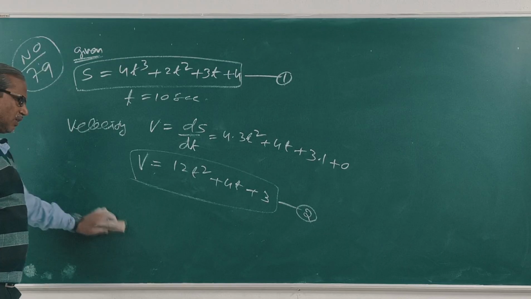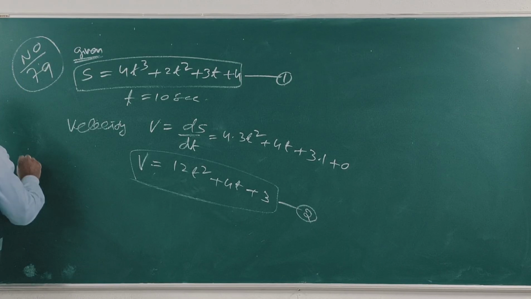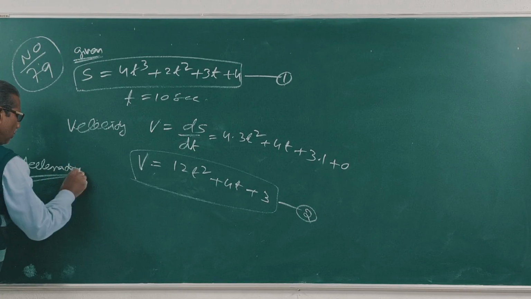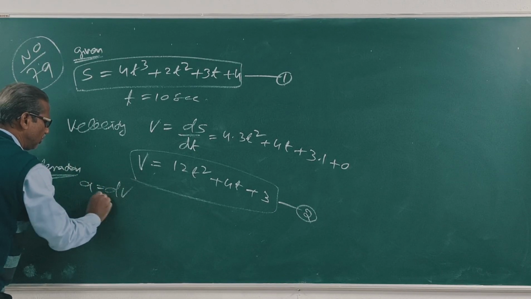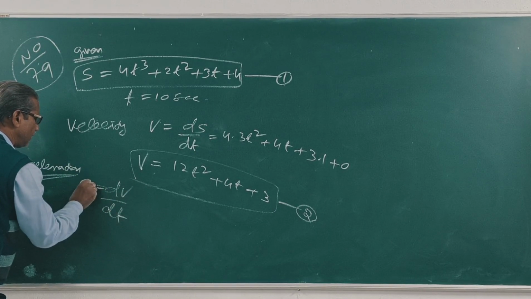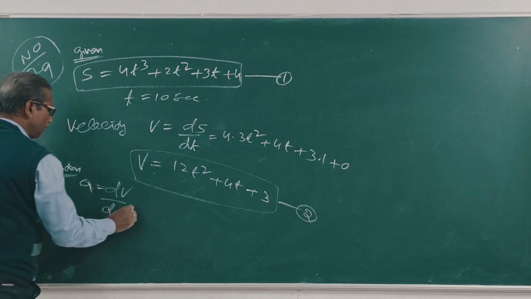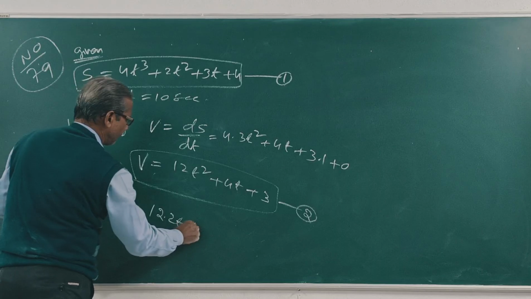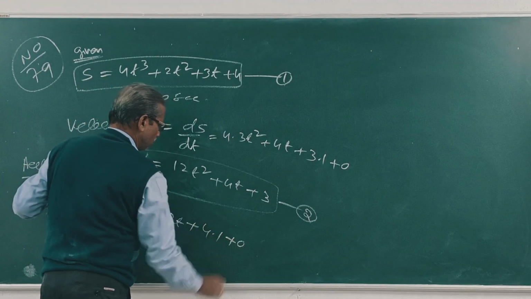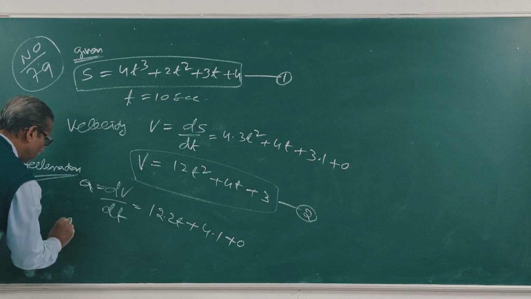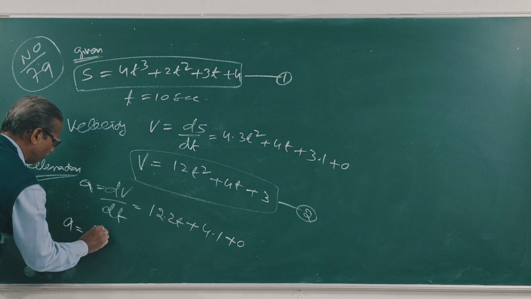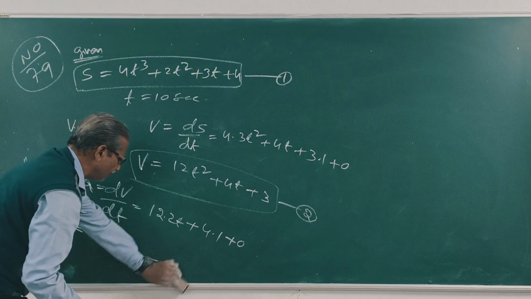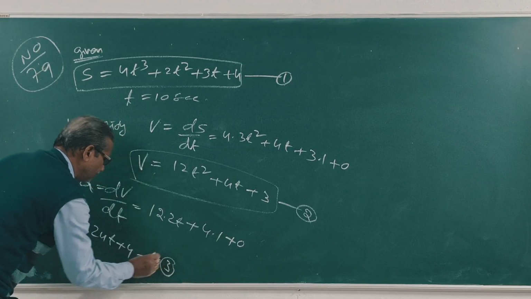Clear? Now acceleration. What is a equal to? dv by dt. So this is equal to 12 into 2t plus 4 into 1 plus 0. So a = 24t + 4, equation 3.